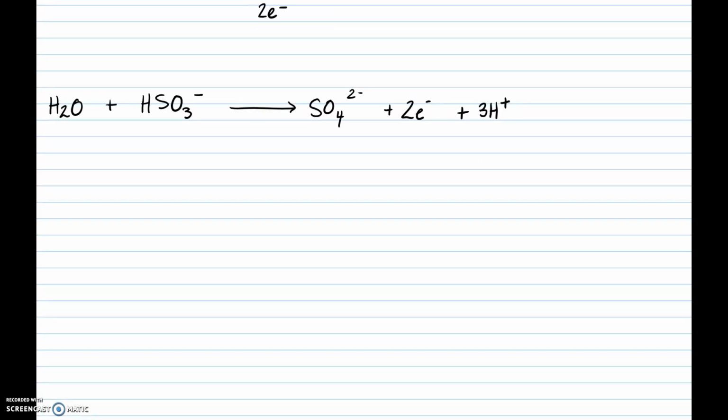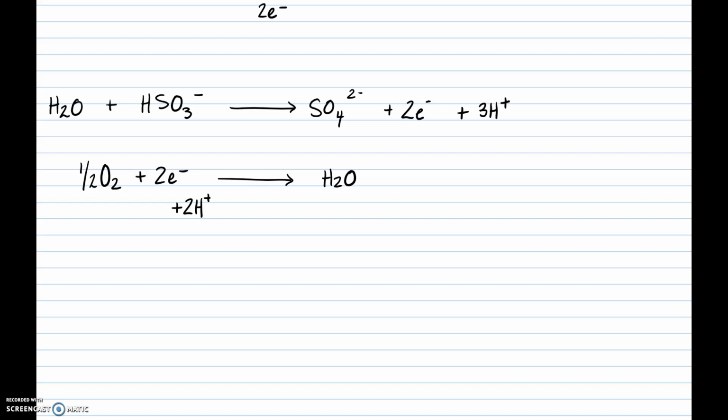And then we will simply do the same thing with our electron acceptor. So we have our oxygen plus 2 electrons, so it's the opposite situation here. And that makes water. So again, we have to balance this. And the only thing that doesn't balance is the hydrogen, so we'll have to add 2 hydrogens to this side.